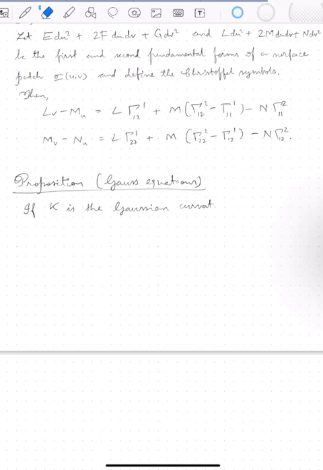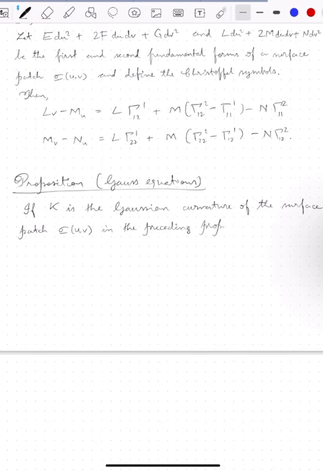Right? And here it states that if K is the Gaussian curvature of the surface patch sigma(u,v), and of course, as in the preceding proposition, then we can explicitly see the first and second fundamental forms.